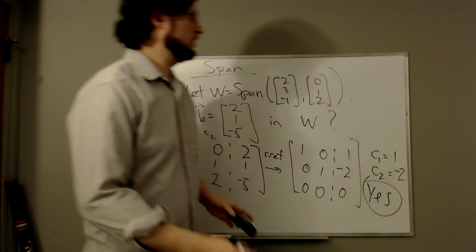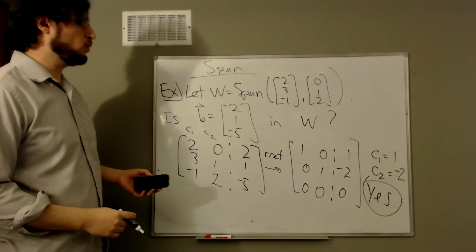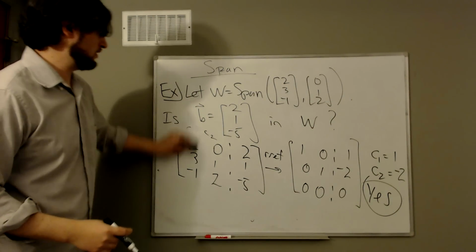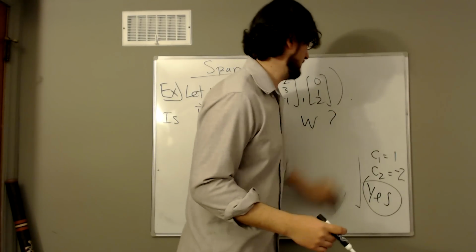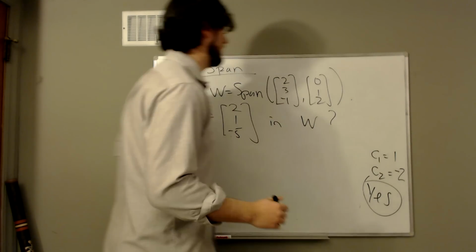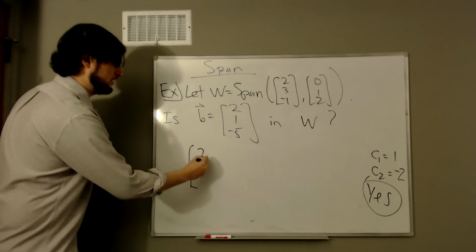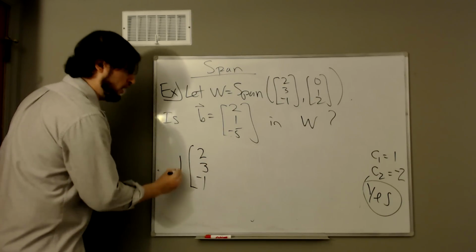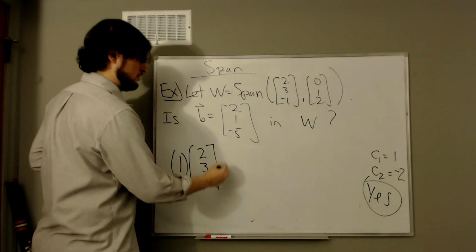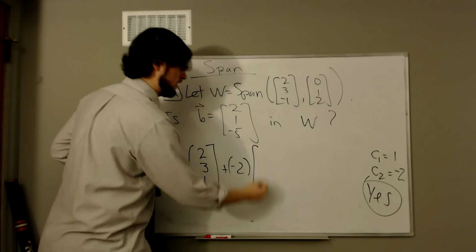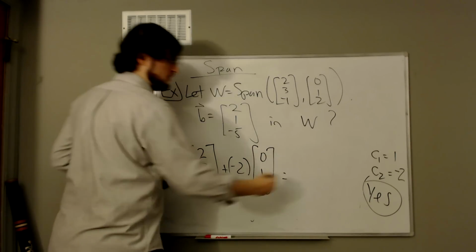And notice we can even be more explicit here. Since C1 is 1 and C2 is negative 2, I can say that 1 times 2, 3, minus 1, that's our C1, plus negative 2 times 0, 1, 2. See what I get?